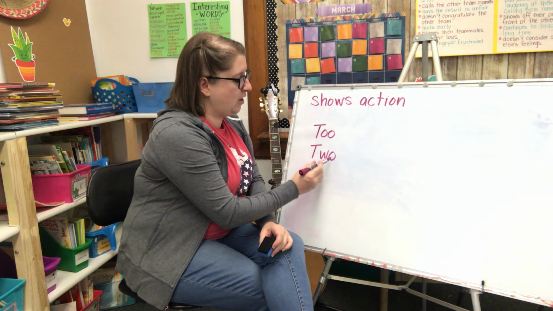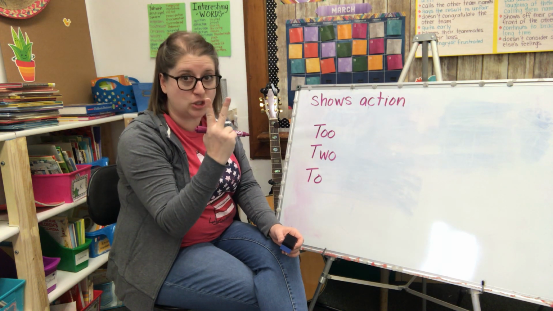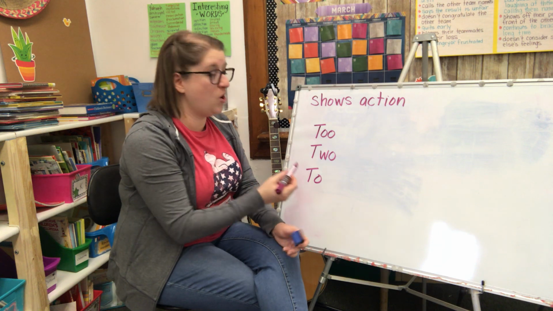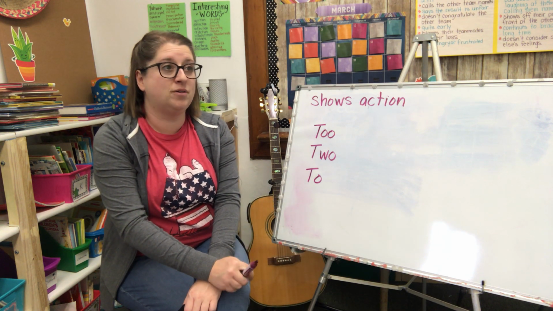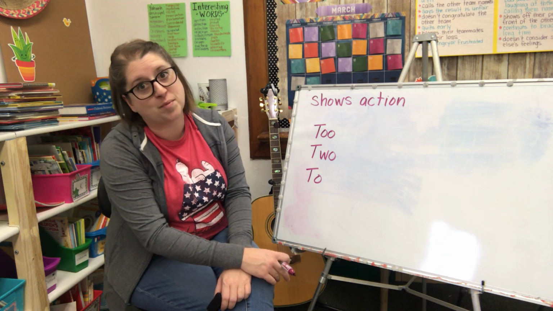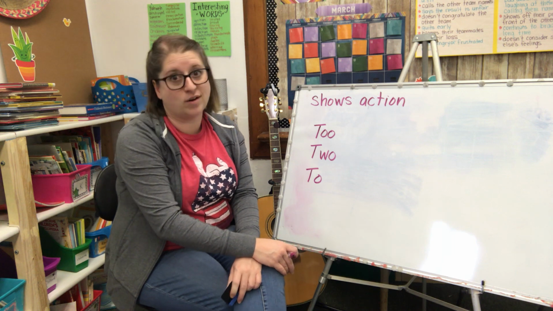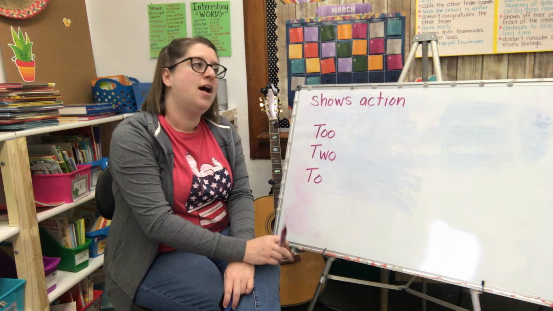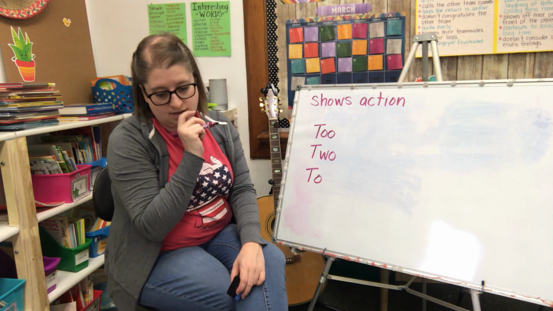The TWO is the number 2. And then TO is the one that you're just going to use everywhere else pretty much. So I wrote a letter to Braylon for her birthday. I went to the store today. So remember those 3 twos on there.